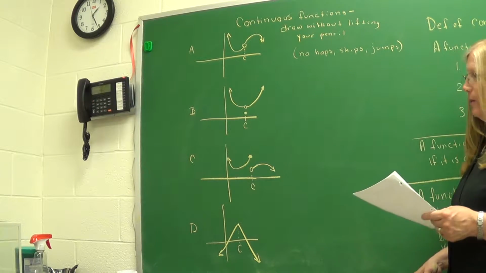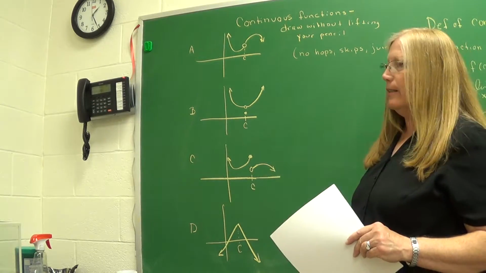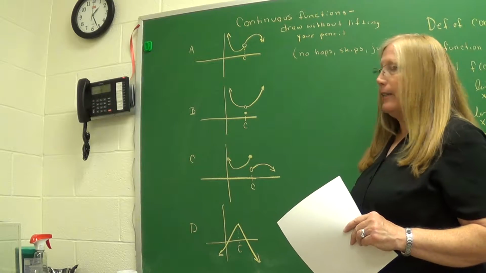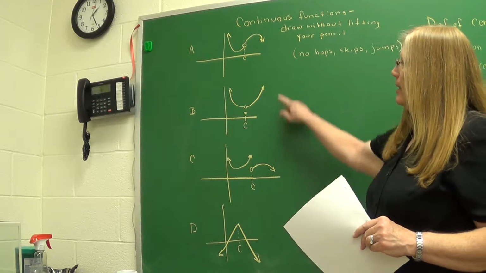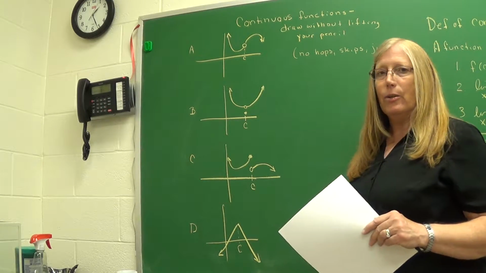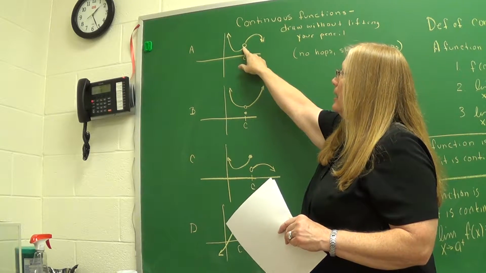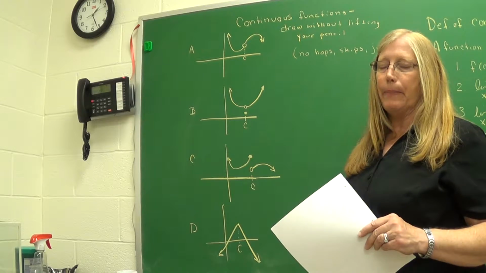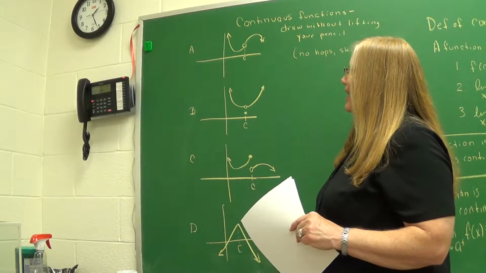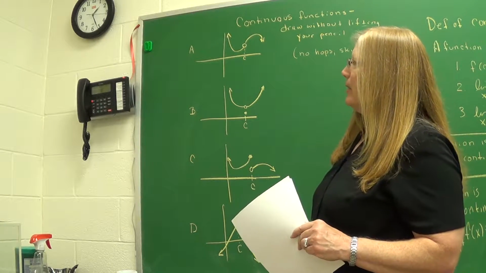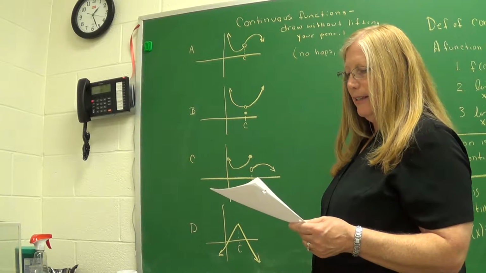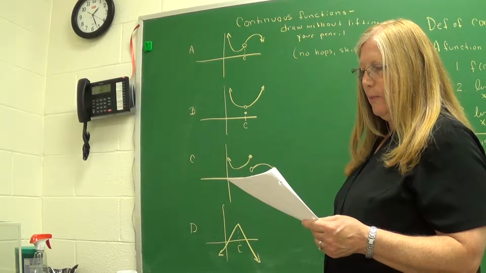I've drawn for you up here some functions, and I'm going to talk about the continuity of each. This one is non-continuous, and it has a jump, a hole right here, so we could call that one a skip. I can't draw it without picking up my chalk. It is non-continuous at this point.